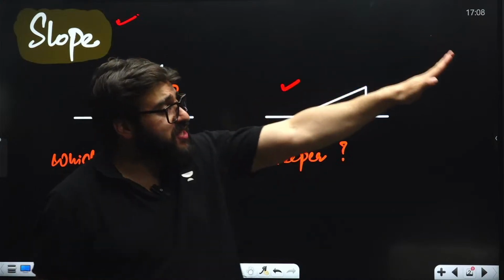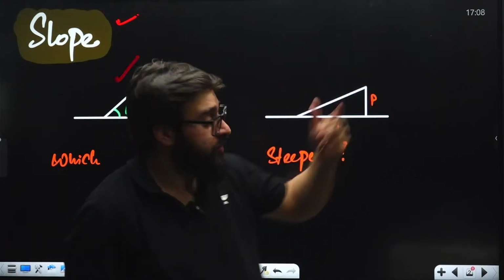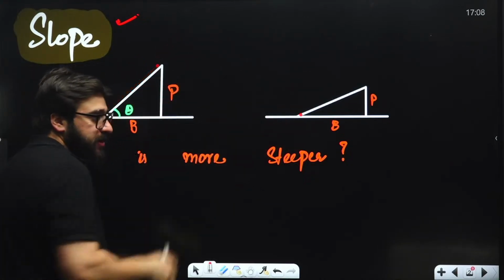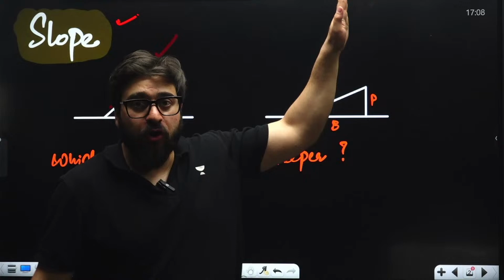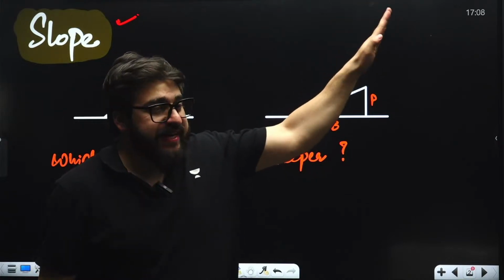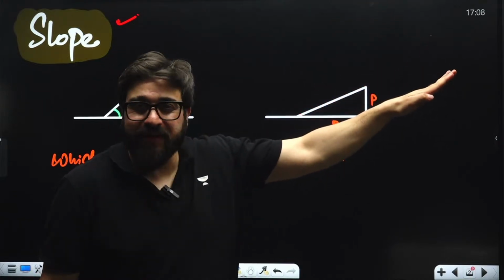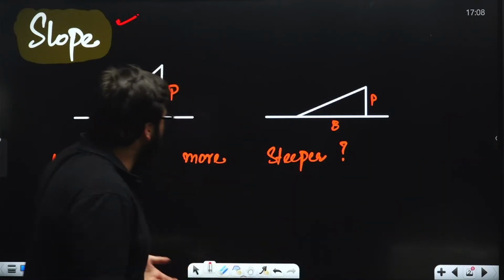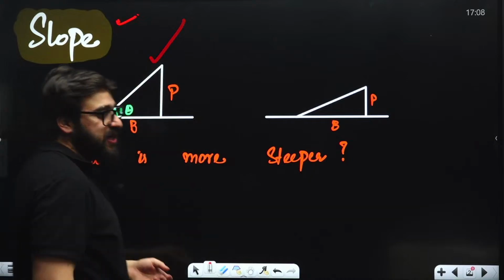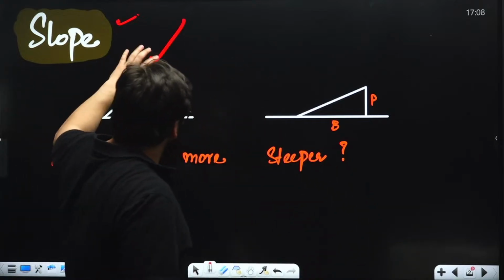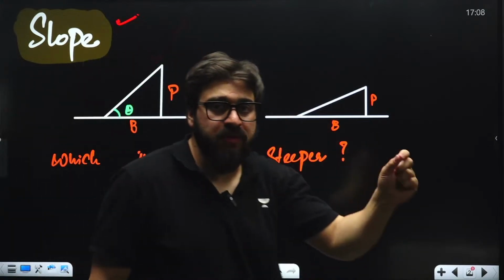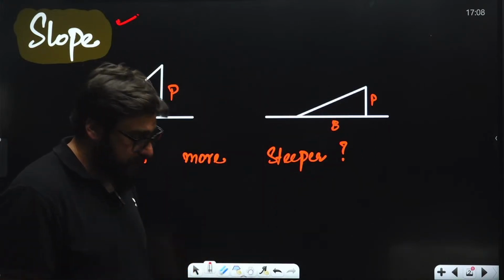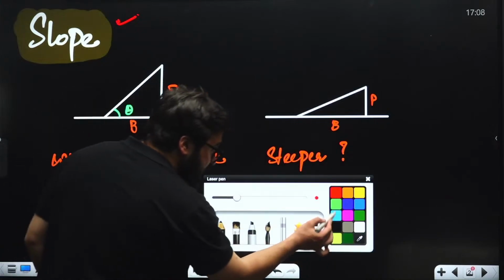Which has more inclination? Obviously this is steeper as compared to this. This has a large steepness, a great slope. This has less slope. And this has zero slope, no slope at all. So this has the maximum steepness, this has more steepness as compared to this.